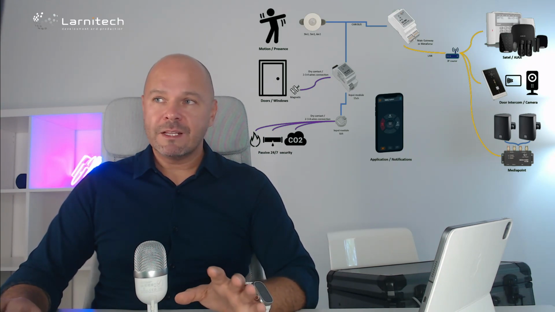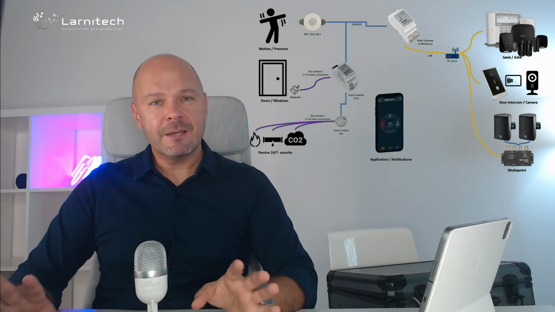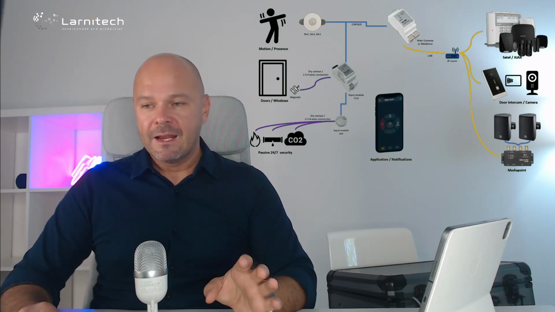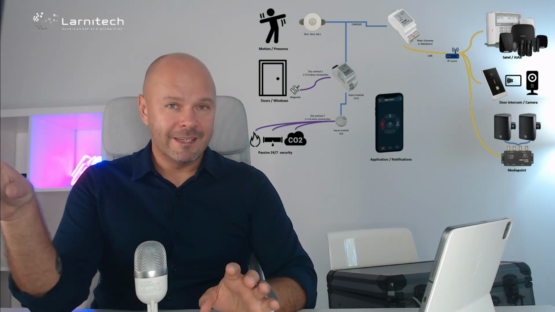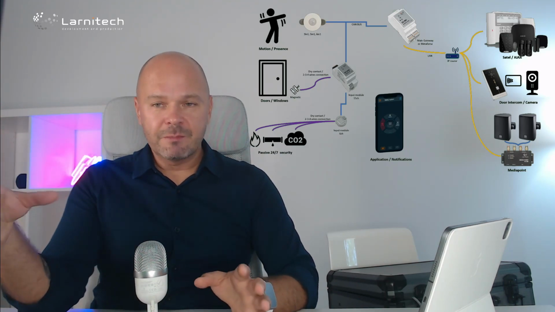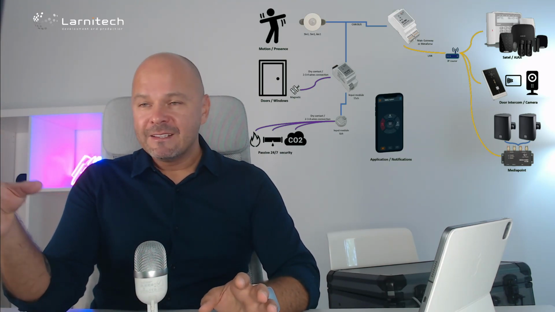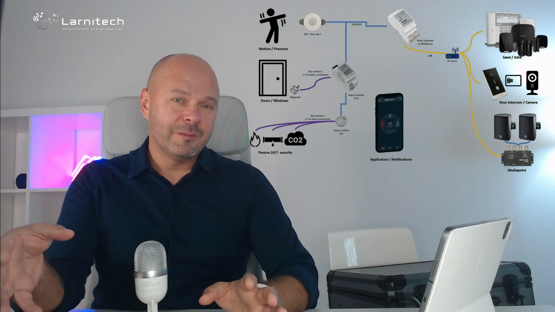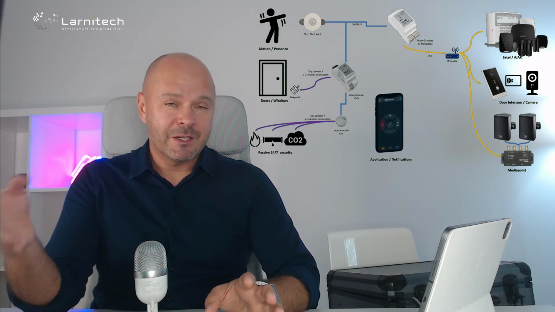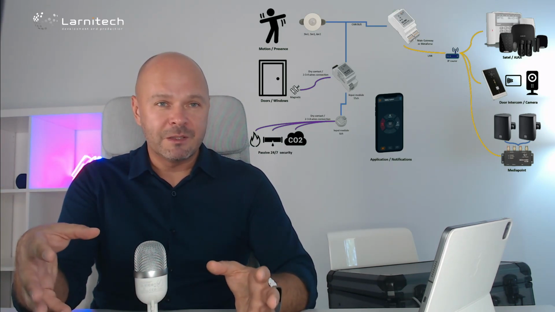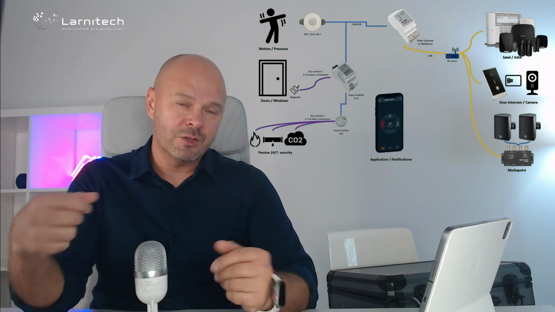Right now this is almost it, except for one small thing. In this option, all this is working locally. For example, an intruder can come and steal all our home automation equipment, and we will not get a notification about this because the equipment which gives you notification will be turned off.